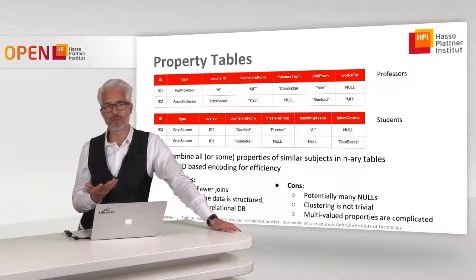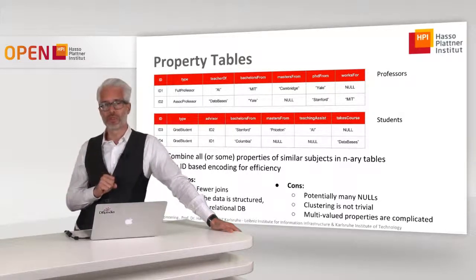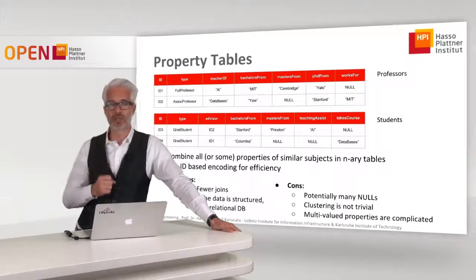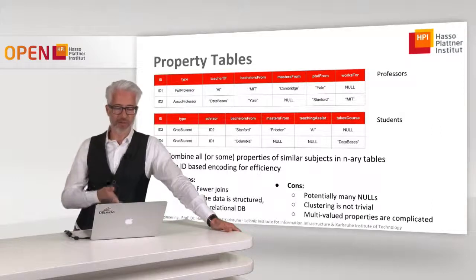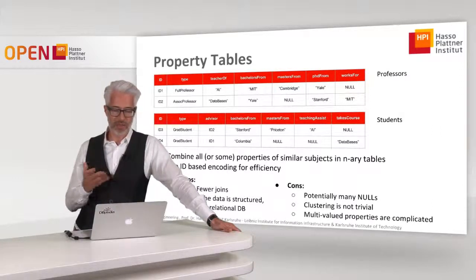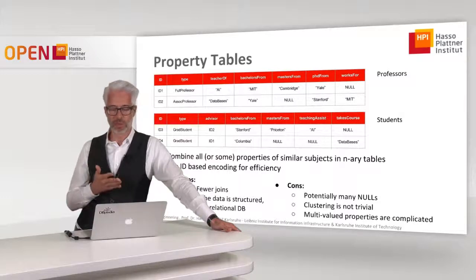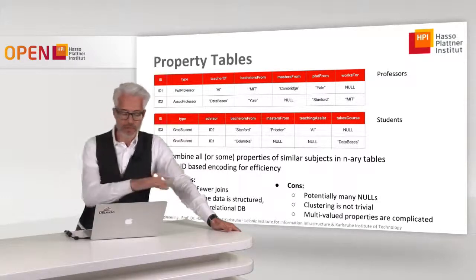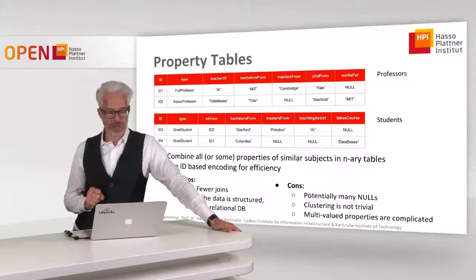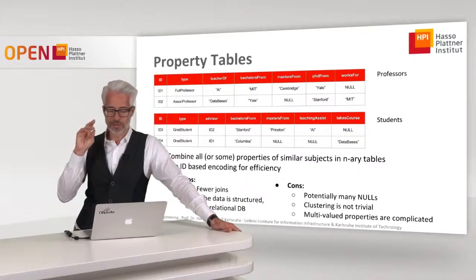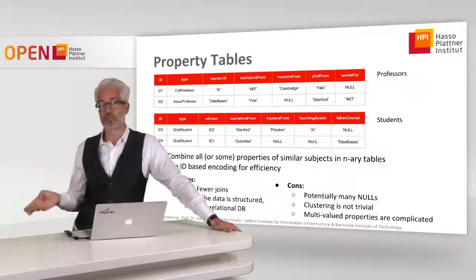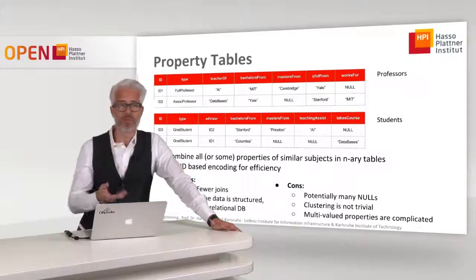So what you could do is combine those triples which have common properties, and of course similar subjects, into so-called n-ary tables. So this is an aggregation for all the professors, and then you put in, for example, the type property, teacher of property, bachelor's from property, master's from property, PhD from property into the same table. And you do a table for students where you then have, for example, a property for the advisor, and whether it's a teaching assistant and what kind of courses the student takes. So this would be an aggregation.